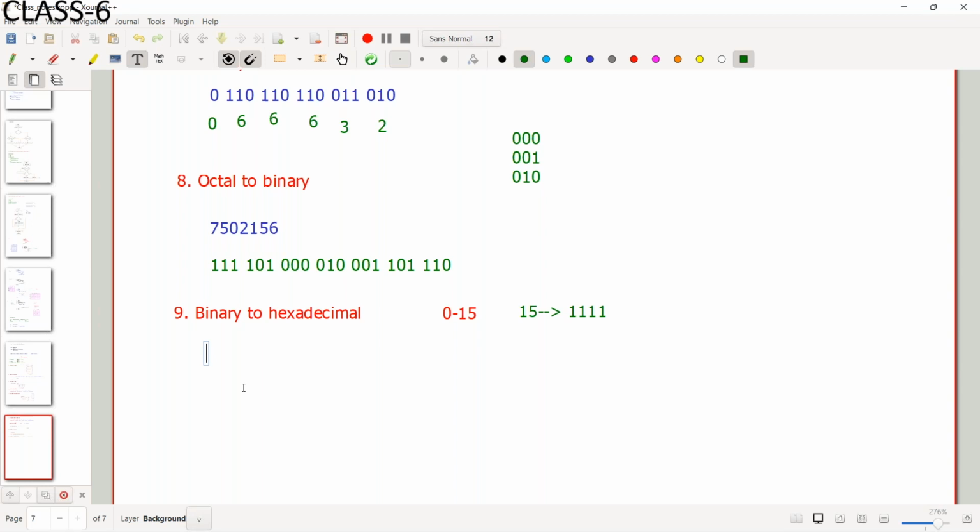Anyways, binary. So I'll randomly take one binary number: 10 10 11 00 10 11 01. So this is the binary number I'm considering. I want to convert this to hexadecimal. So I have to separate that into groups of 4 bits.